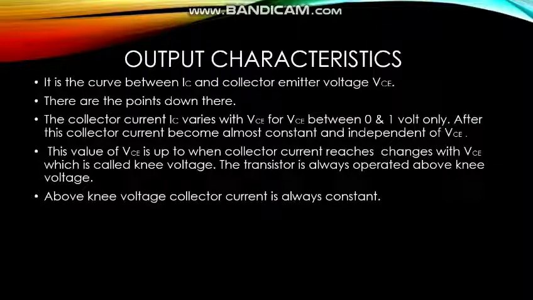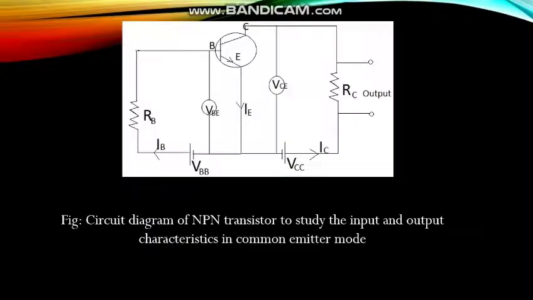So let's move forward to output characteristics. As we've already known, it is the curve between IC, that is collector current, and collector emitter voltage. We'll just go to the circuit diagram. So this is the output loop, and the output parameters are IC and VCE, and the graph is plotted between them in order to make the output characteristics curve, and we'll study the output characteristics from that curve itself.